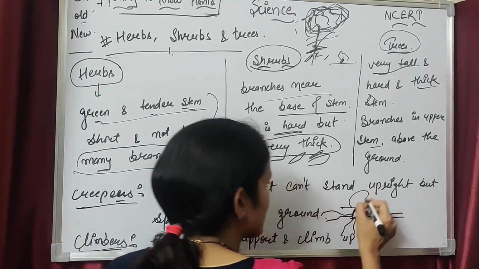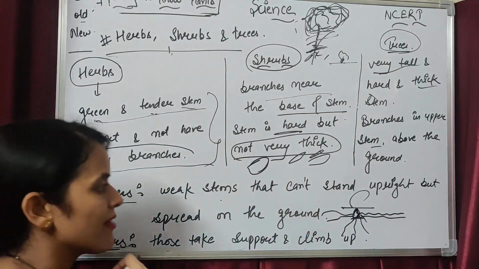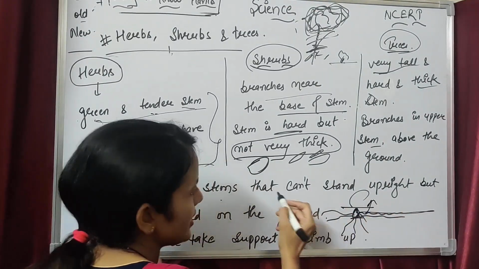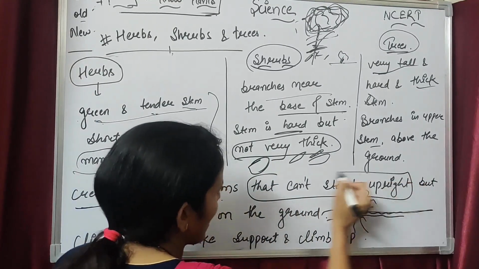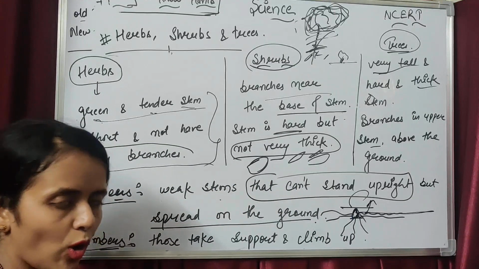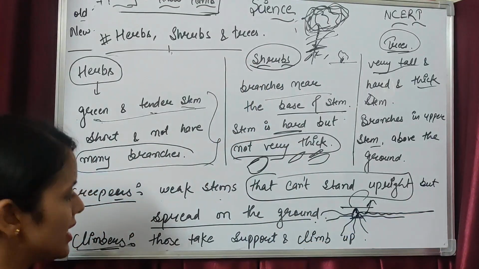It will never grow upward over the ground. It will grow along the ground. They will never stand. They cannot stand upright but spread over the ground. They never stand upright.